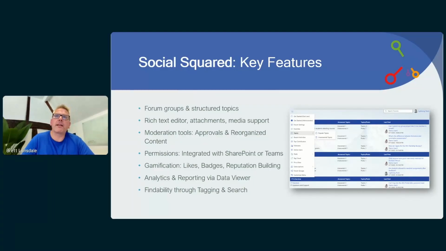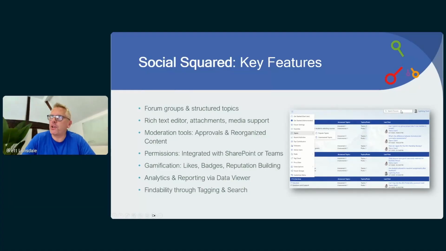So we'll be able to see that in just a moment. And then we can also display some analytics through our data viewer product as well. And these can be packaged together so you can build your own charts on whether you're getting engagement through Social Squared or not.